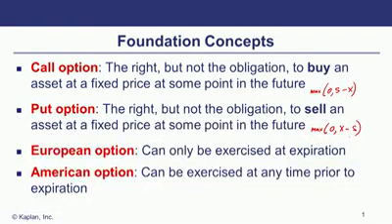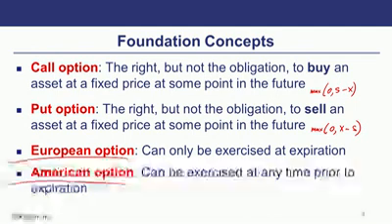There are lots more options, and an entire world of exotic options, but here we're just going to focus on the plain vanilla European options, which can only be exercised at expiry, and American options, which can be exercised at any time before expiry as well as at expiry. So they're more flexible compared to European options.